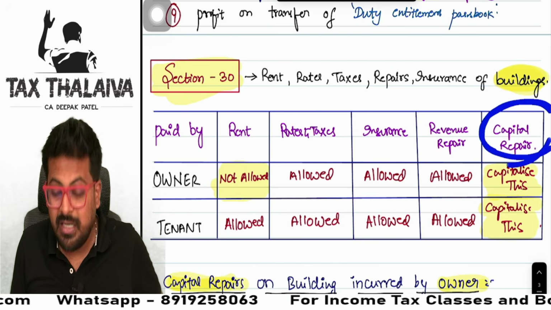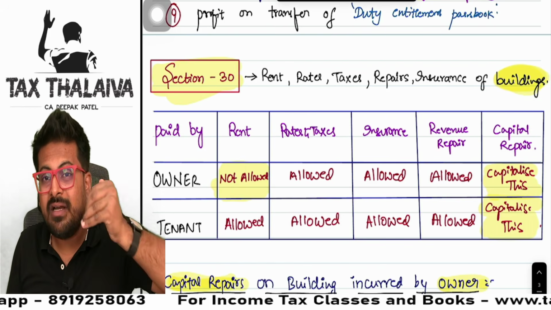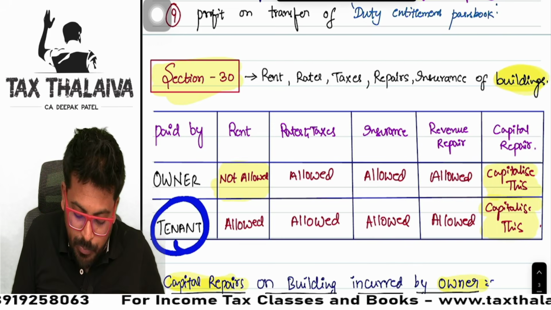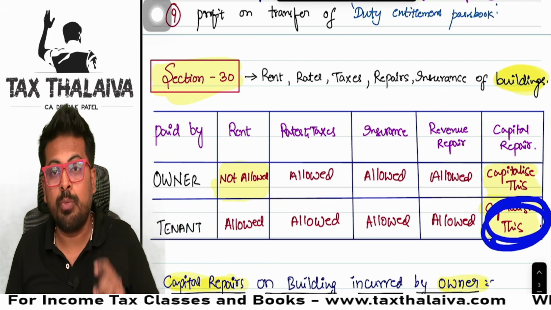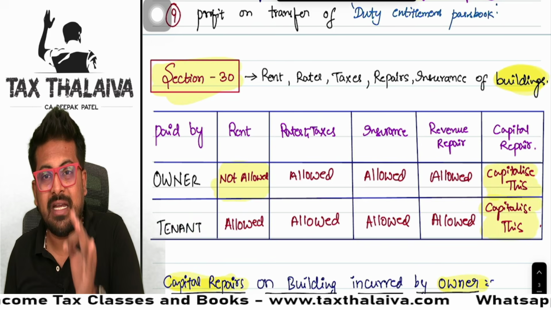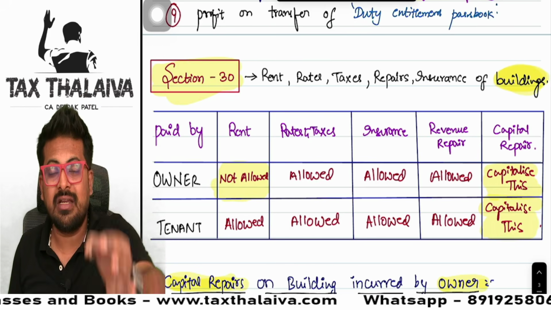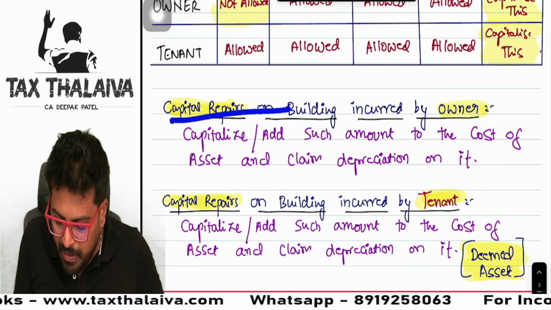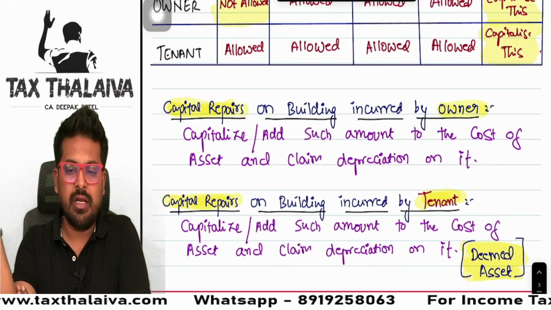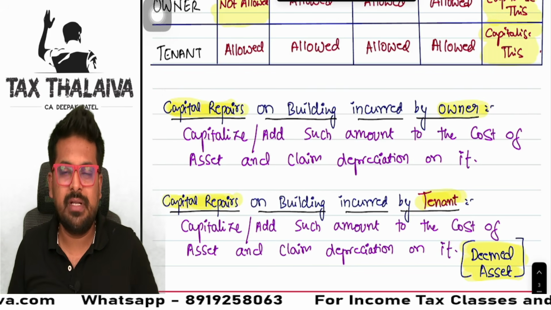But if I do any capital repair, what will happen? Even then, if you have spent some capital expenditure on the building which you have taken on rent, you will capitalize that in your books of accounts, you will be treated as a deemed owner, you will treat that as a deemed asset, and you will claim depreciation on that. Capital repairs on a building incurred by the owner: if you are the owner and you incur that expenditure, of course you will claim depreciation on that.